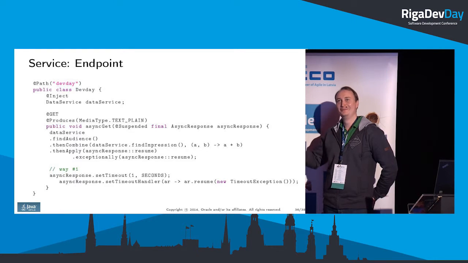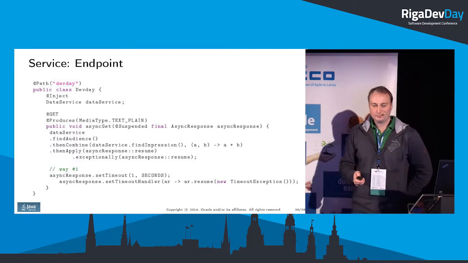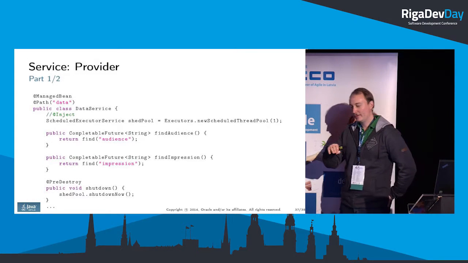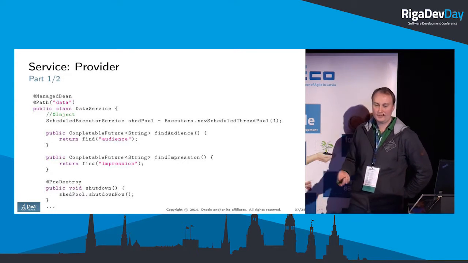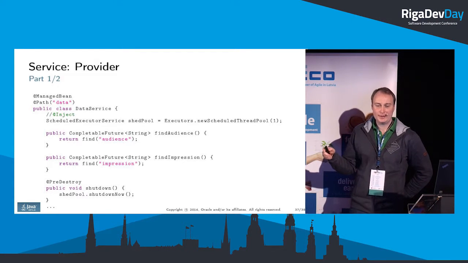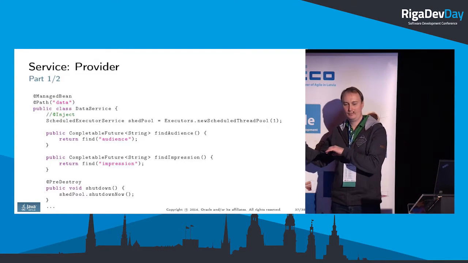Is it typical? Oh, I think yes. Here is a method that describes behavior in case of GET request. It returns some text, and the text is a combination of two data pieces.